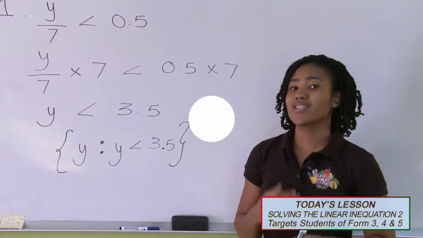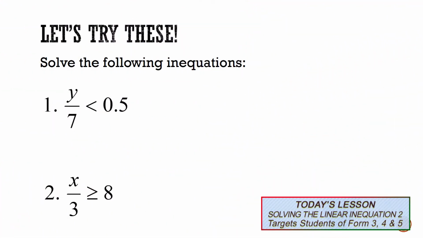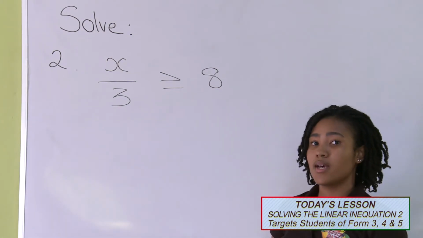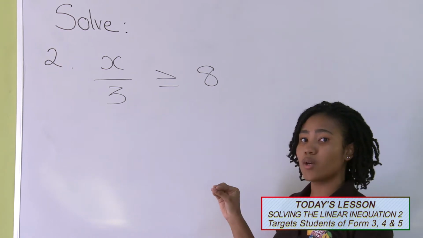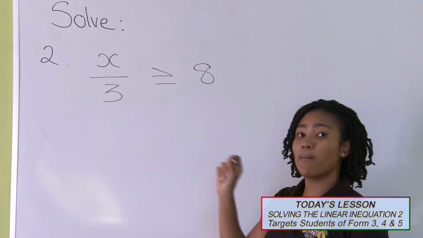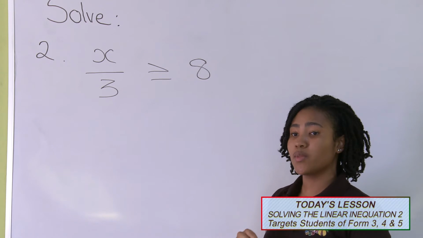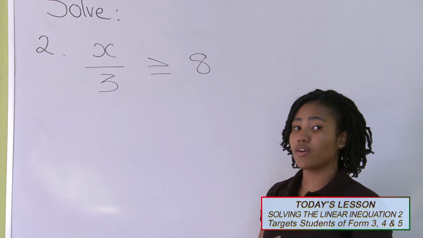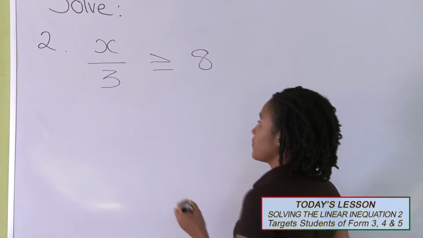Now let's go on to our second example. So here we have our second example. Read with me. x over 3 is greater than or equal to 8. Now we're going to solve this inequation by multiplying both sides by 3. Remember, we are solving for x.